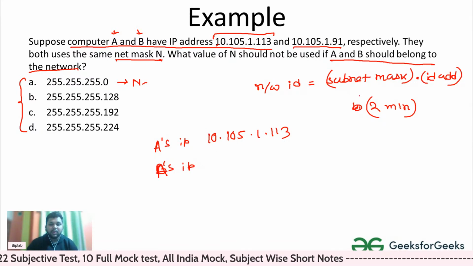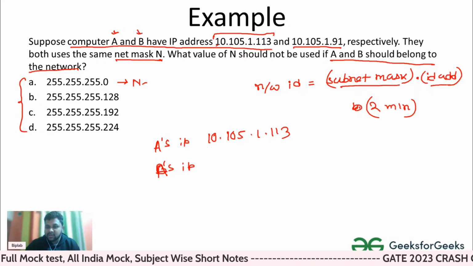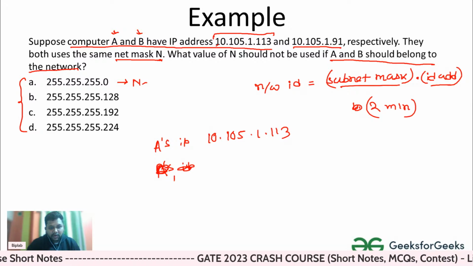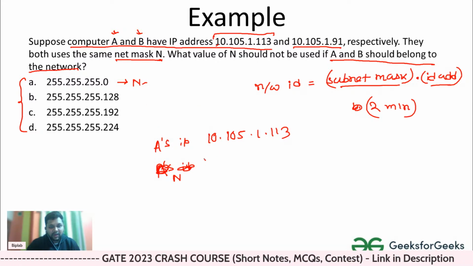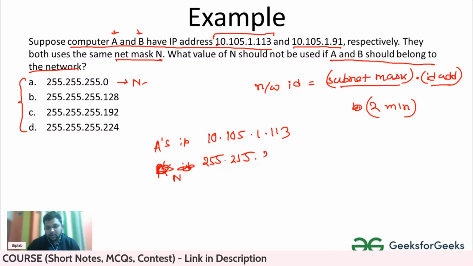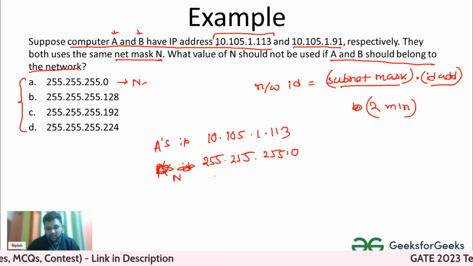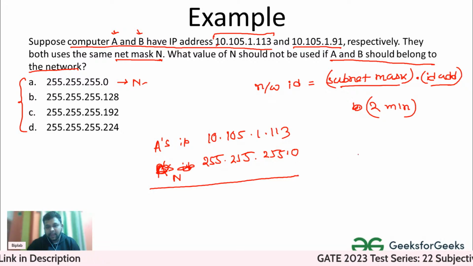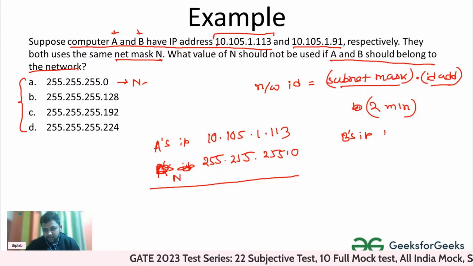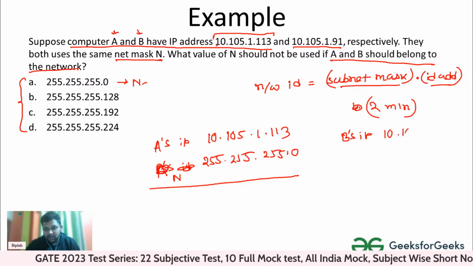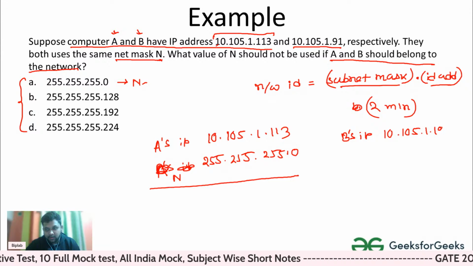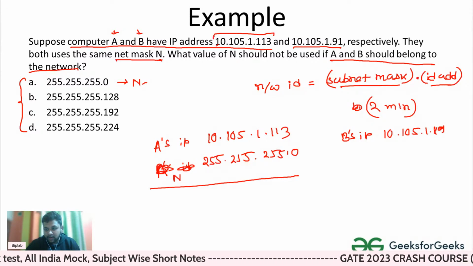We will perform an AND operation between the subnet mask and the IP address. Let's assume option A, which is 255.255.255.0. In the same way, B has IP 10.105.1.191.